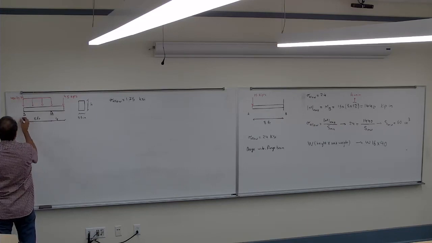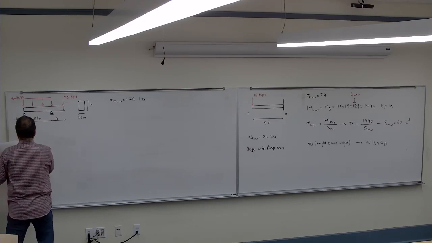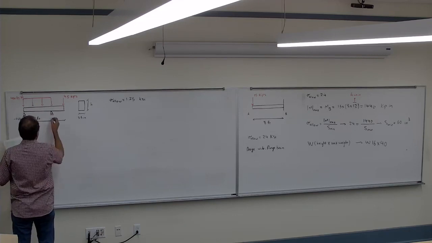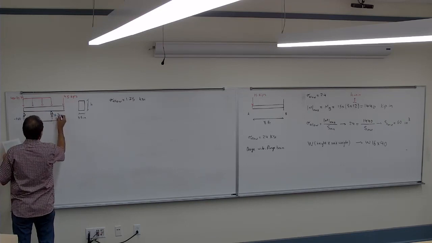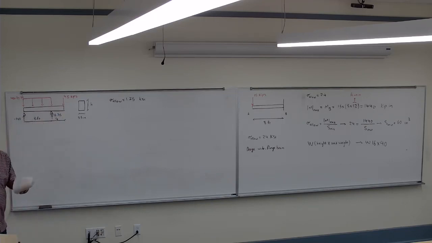So the reaction of support is negative 0.65 and this one's at 8.35. So these are the reactions of the support. In what units?